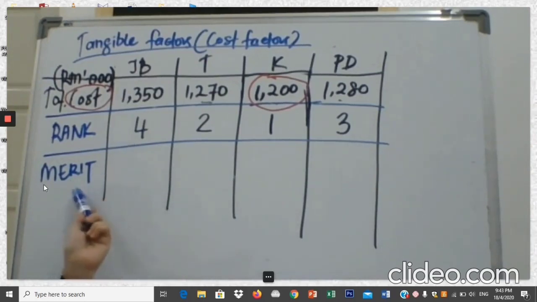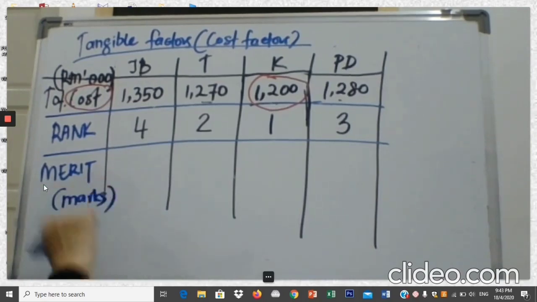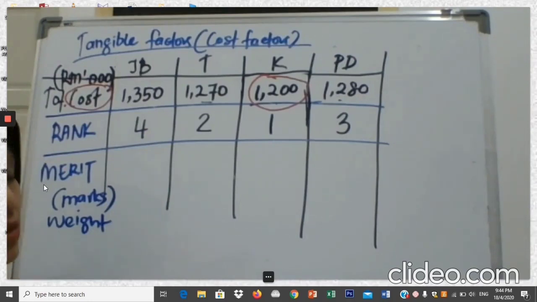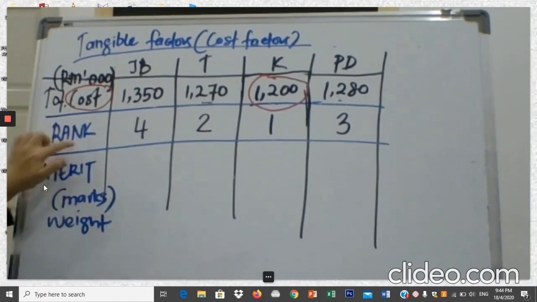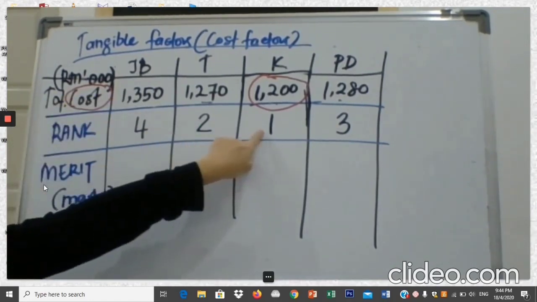After you have assigned the rank, now it is time for you to assign the merit. What is merit? Merit here means marks. Konsep dia sama macam marks, markah. Another name for merit is weight, berat. Marks or weight, same meaning. Merit works the opposite of rank.